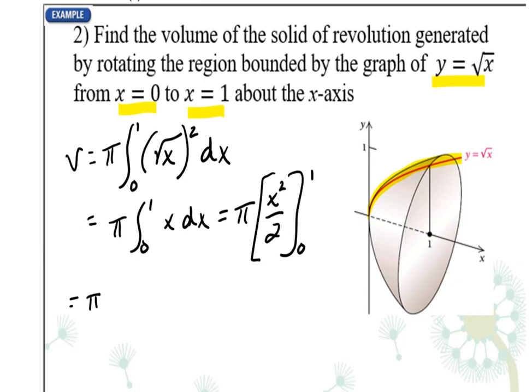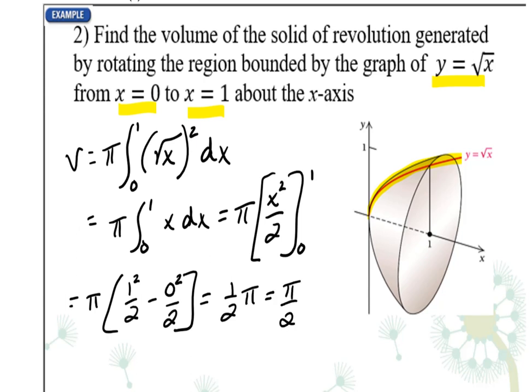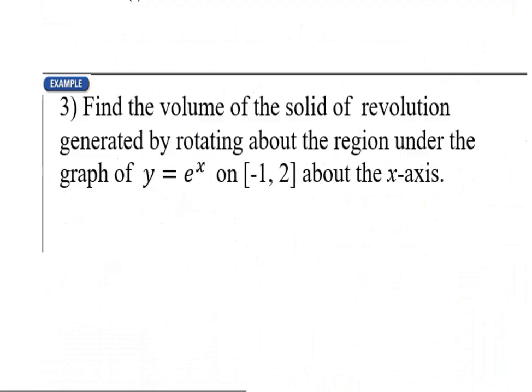So now I'm going to have pi times 1 squared over 2 minus 0 squared over 2, which is going to be 1/2 times pi, or in other words, pi over 2. Of course, if you want to do this in your calculator, you just do the integral from 0 to 1, your calculator is just going to give you 1/2, and then multiply by pi, so pi over 2. Try this one on your own.